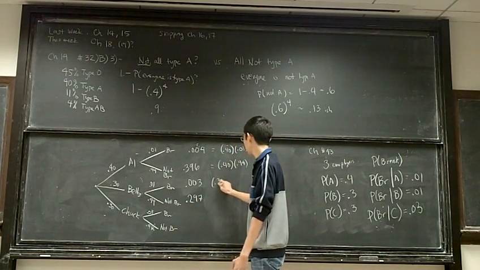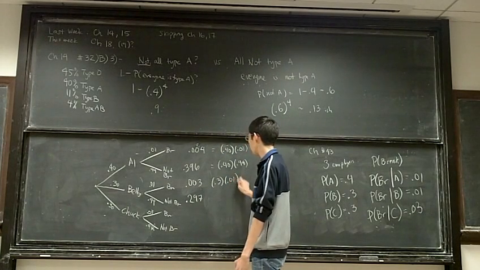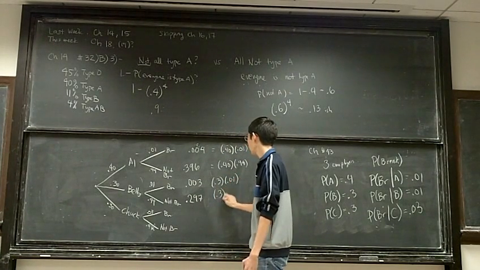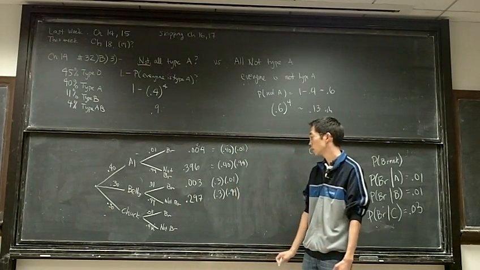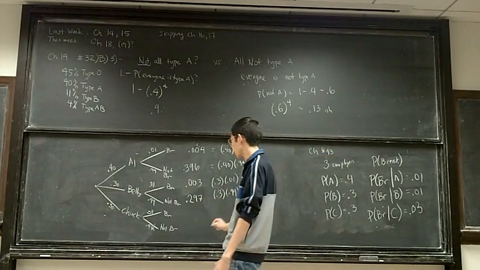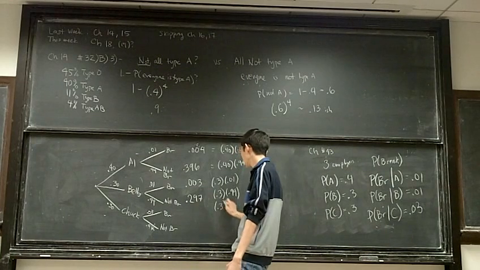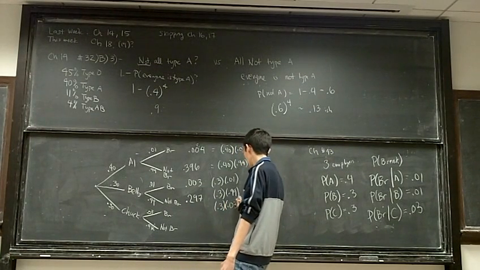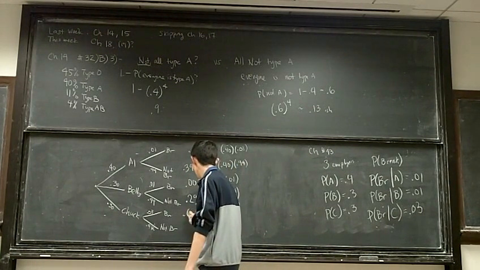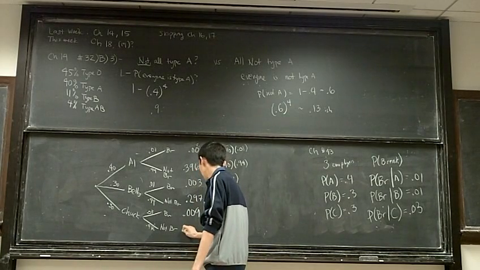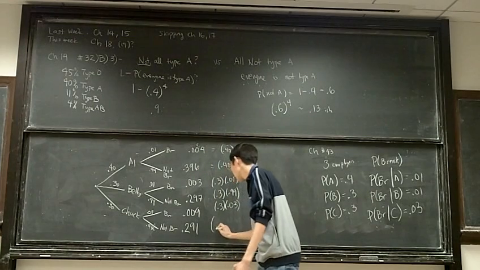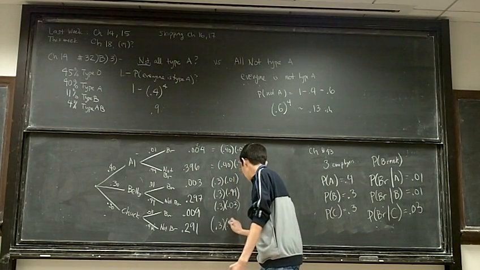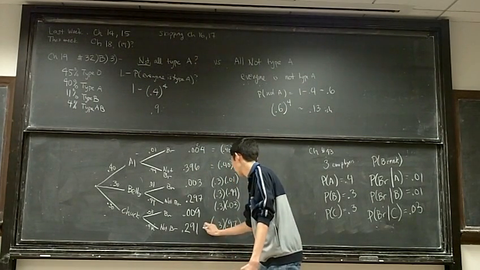That's 0.3 times 0.01 for the dishes broken by Betty, 0.3 times 0.99 for the dishes not broken by Betty. Okay, and then for the dishes broken by Chuck, I do 0.3 times 0.03, and I get 0.009, and which means I have 0.291 here, which is 0.3 times 0.97.